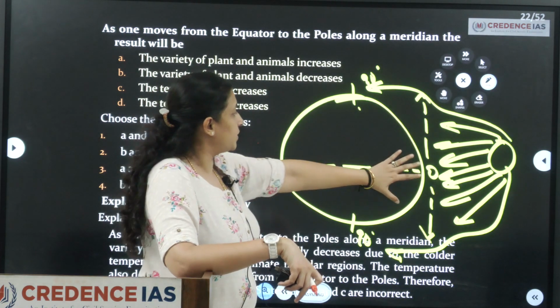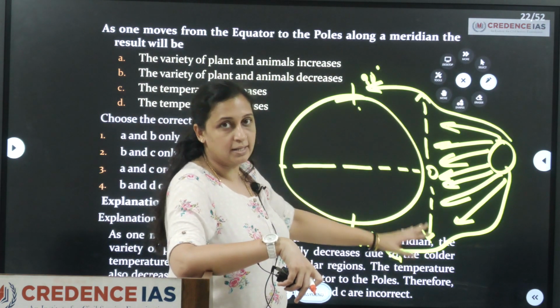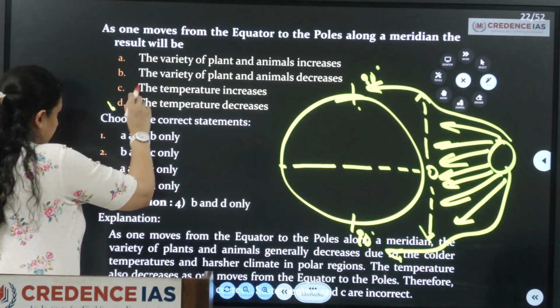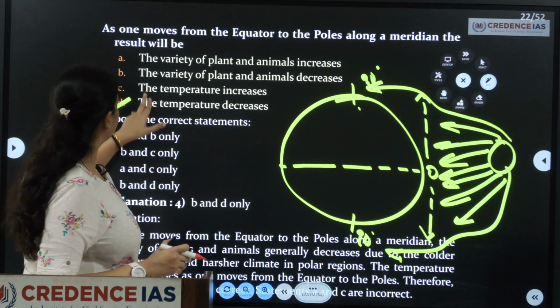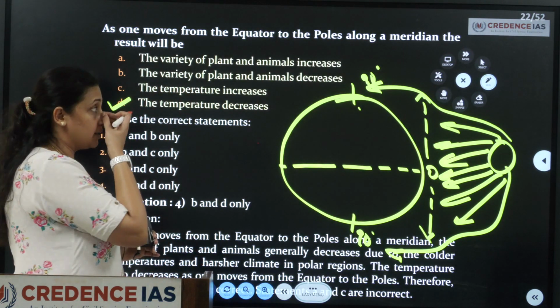So at the equator the temperature is very high, and as one moves towards the poles, the temperature decreases.